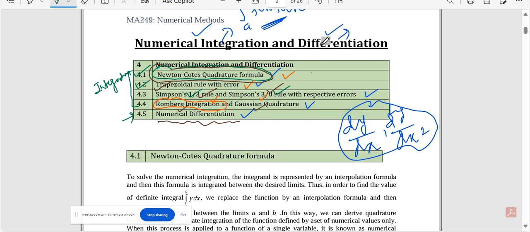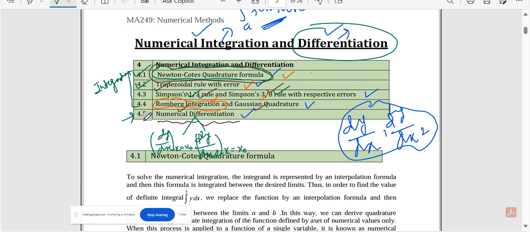Now we go for the second part of our unit, that is differentiation. In this topic, we have the idea about dy by dx, d square y by dx square. But in that we have to use the direct formula. We will go with the difference formula for dy by dx at x equal to x0, d square y by dx square at x equal to x0.